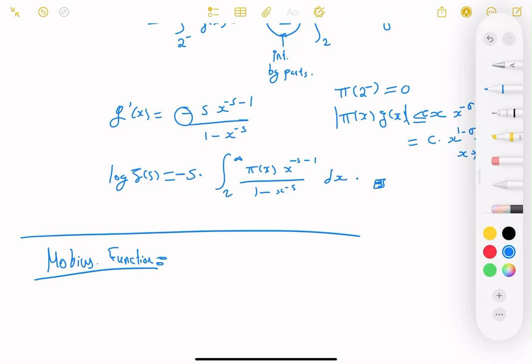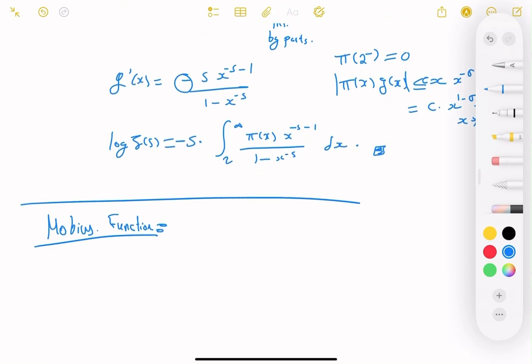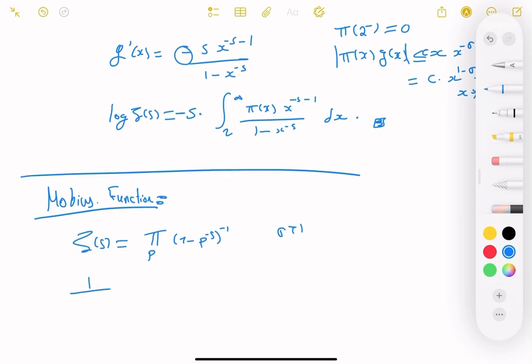So remember, zeta can be written as the product of (1 minus p to the minus s) to the minus 1 for sigma bigger than 1. So 1 over zeta is the product over the primes of 1 minus p to the minus s.